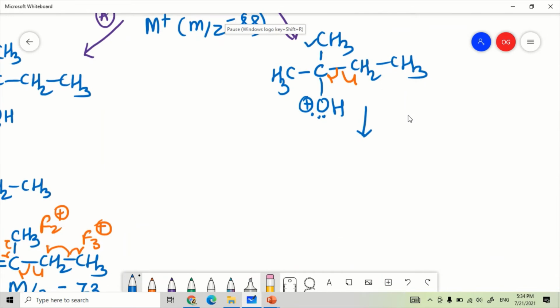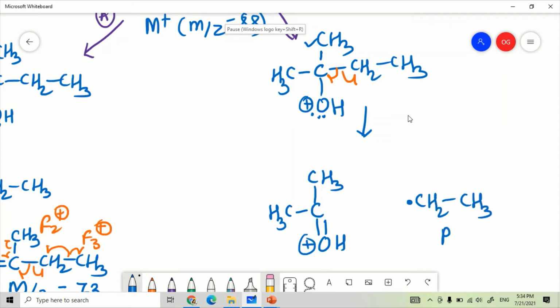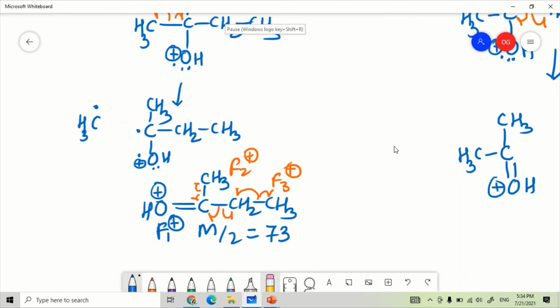See, I am starting from here, CH3CH=OH+ and the CH2CH3, and this is the radical. So in this case the radical which is going away has 2 carbons, and in the earlier case it was the radical with 1 carbon.